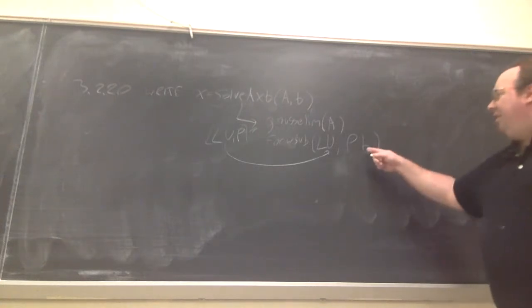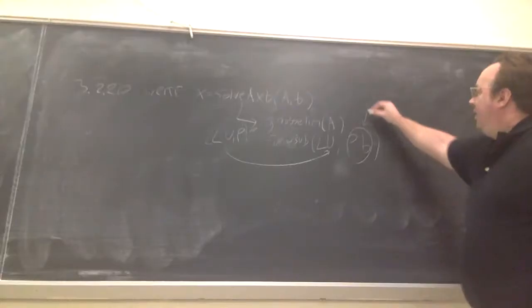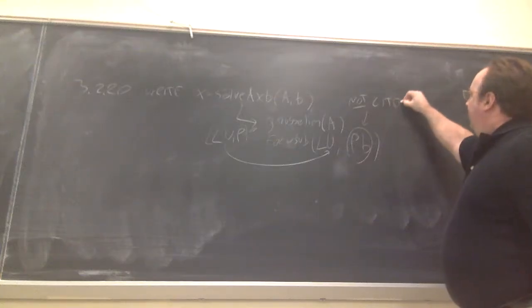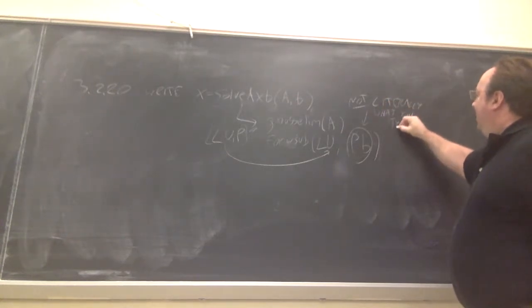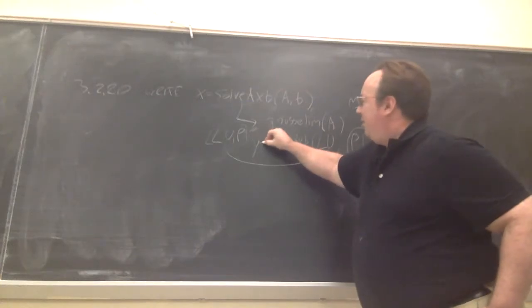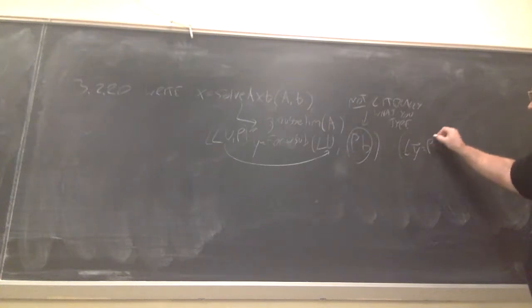The point is, row interchanges have to be applied to B. I want to emphasize here, this is not literally what you will type in Matlab. I will explain this in a moment, I promise. Someone's going to do that anyway, so don't be that student. And then you get the result y, because you're solving Ly equals PB.